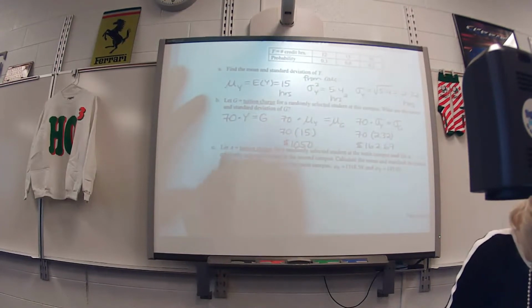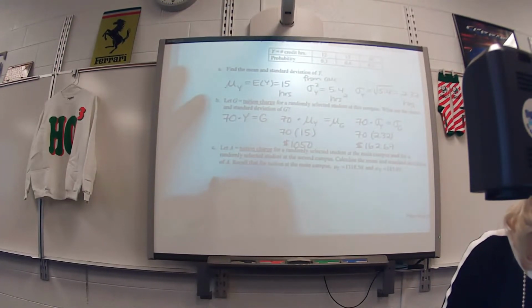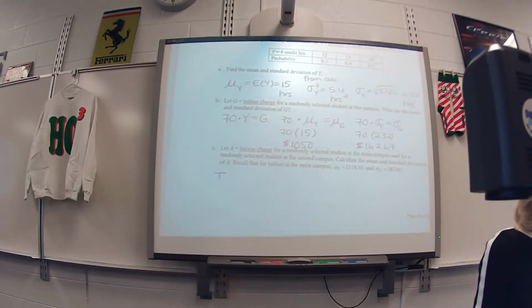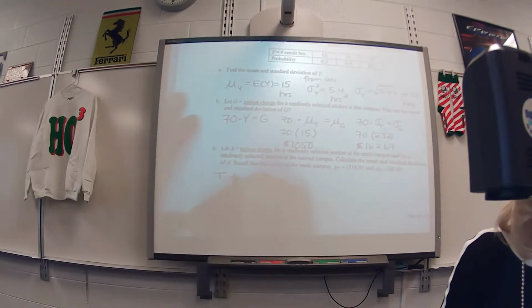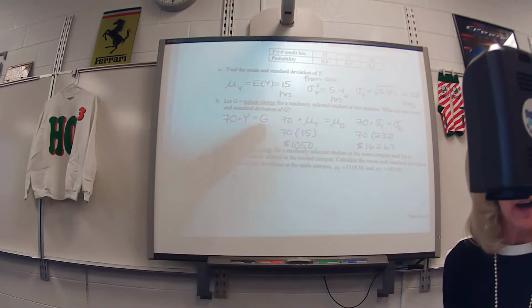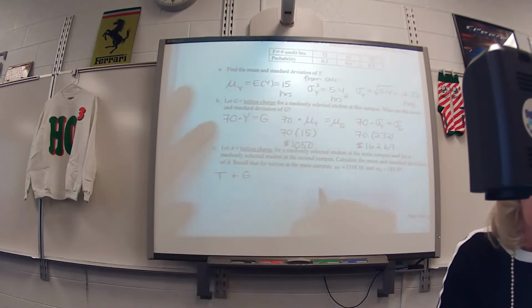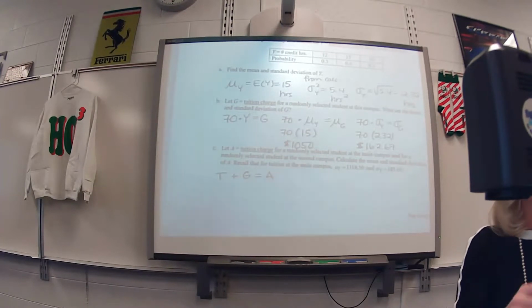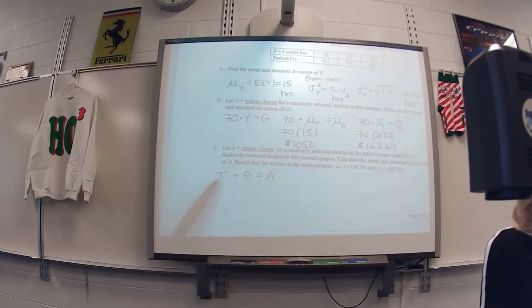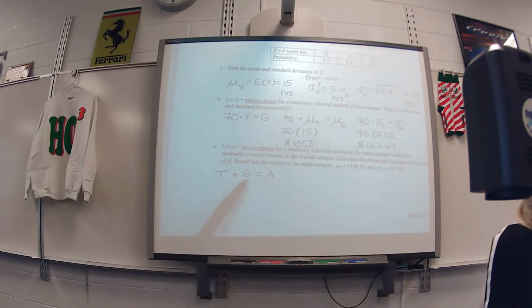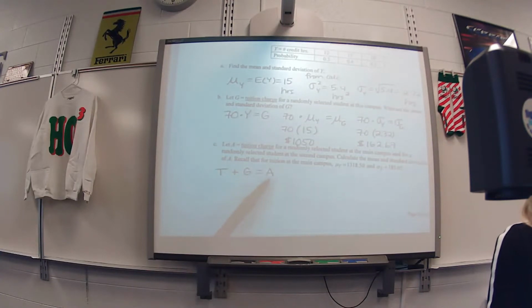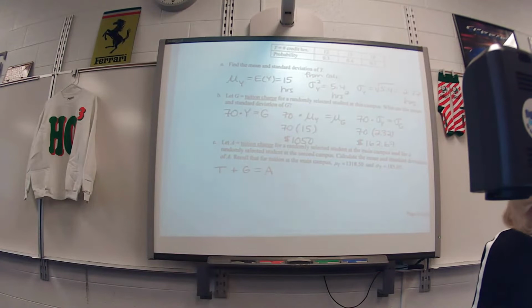What we have to look at now is, if I take one student from the main campus, that was tuition, T, and I combine it with someone from this new campus, their tuition is G. Together that equals tuition for both of them. So this is tuition from a student on the main campus, added to tuition for a student on the new campus, and this is now a total tuition. This is called combining random variables.